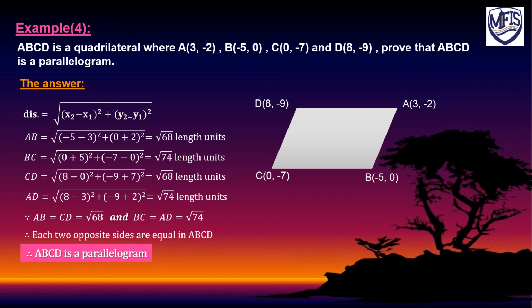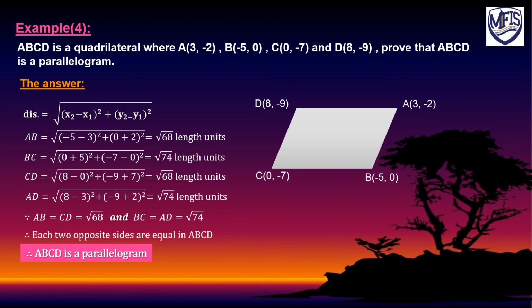Okay, let's summarize what we studied in our session today. We studied how to use the distance rule to prove 3 points collinear or not, by using the longest side and the sum of the other two sides. Compare between the greatest distance and the sum of the other distances. If the greatest distance equals the sum of the other distances, then the 3 points are collinear.